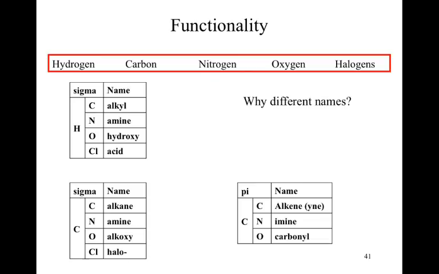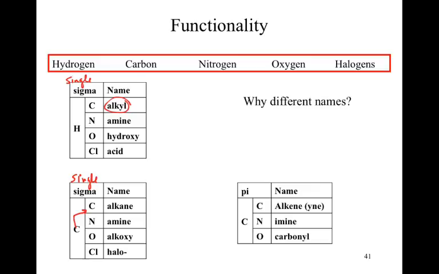So if we look at a sigma bond between a hydrogen and a carbon, also known as a single bond between a hydrogen and a carbon, we end up with an alkyl group, sometimes referred to as alkanes. If we bring a carbon near a carbon, we also have an alkane, as a single bond.